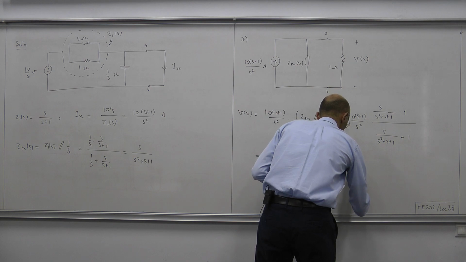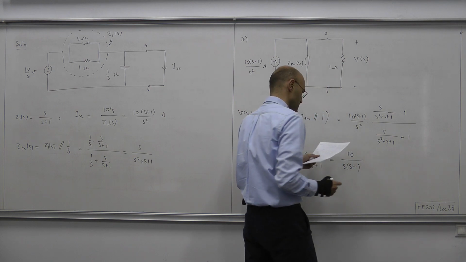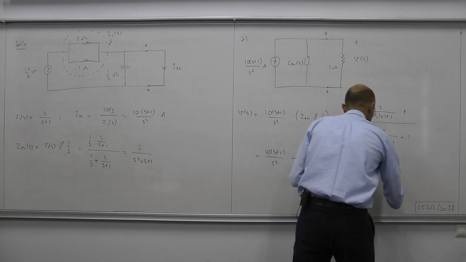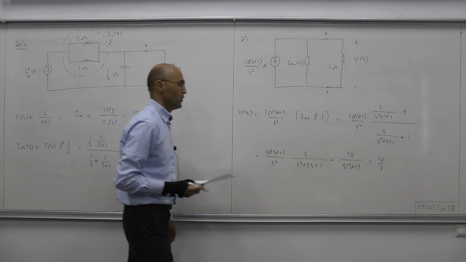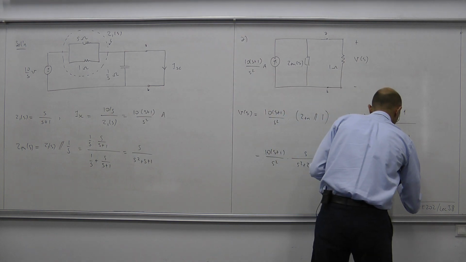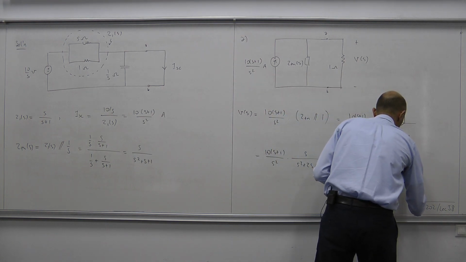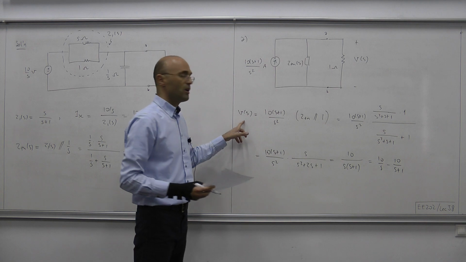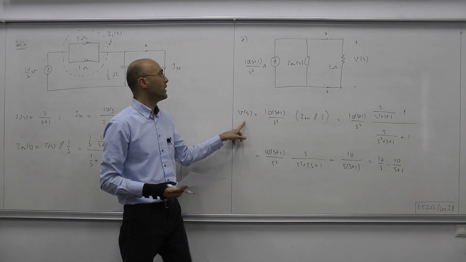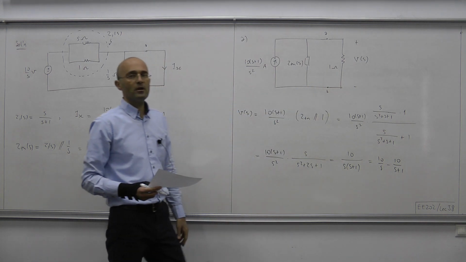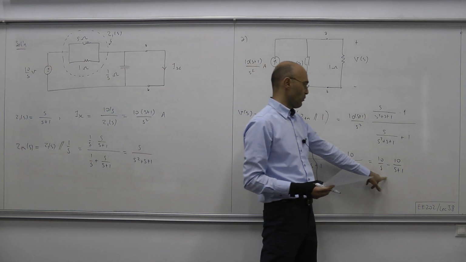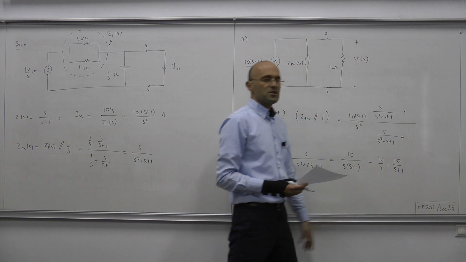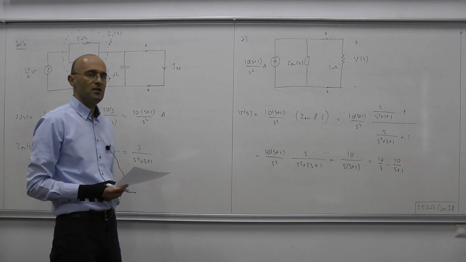10 over S times S plus 1, which we can write as the following sum of first order terms, 10 over S minus 10 over S plus 1. So that's our V of S, okay, when the load is a 1 ohm resistor. Hence, V of T is simply the inverse Laplace transform of this, which is 10 minus 10 times e to the minus t volts.